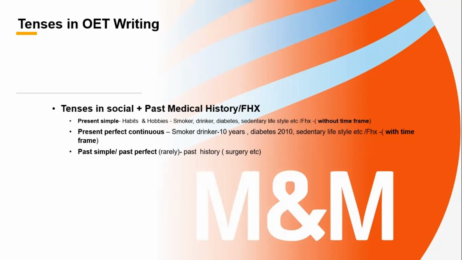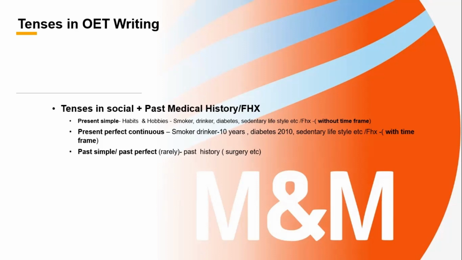Anyhow, sorry. So, tenses in the social plus past medical history or family history paragraph: let's say habits and hobbies. Mostly we write in the present simple tense without the time frame. If there is no time frame mentioned, we write it in the present simple tense.